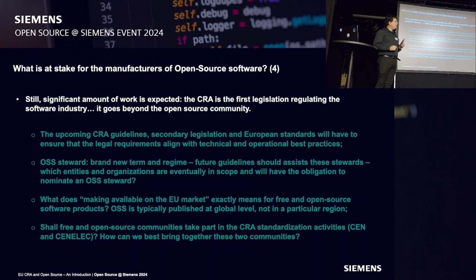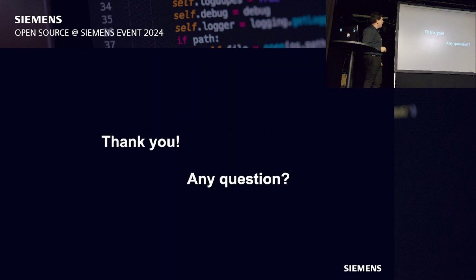For open source software, it needs to be clearly defined because of the way open source software is shared. Sometimes it is put on a common platform, not put on the market in the European Union, and everyone can download from there, right? So where is the border to say this software is put on the market or not? There are still a lot of questions that need to be clarified.